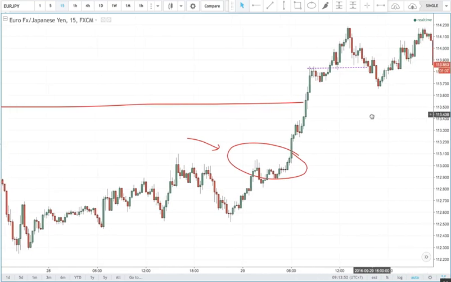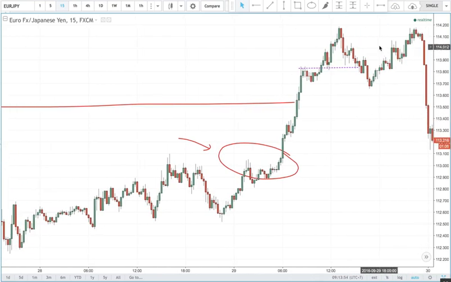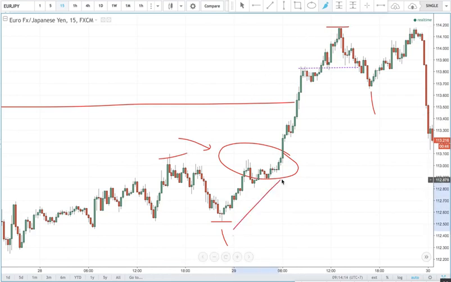But if you keep looking at this area, we have a higher high sequence from here to here, and a higher low sequence from here all the way to here. So the highs went higher, and then the lows went higher.